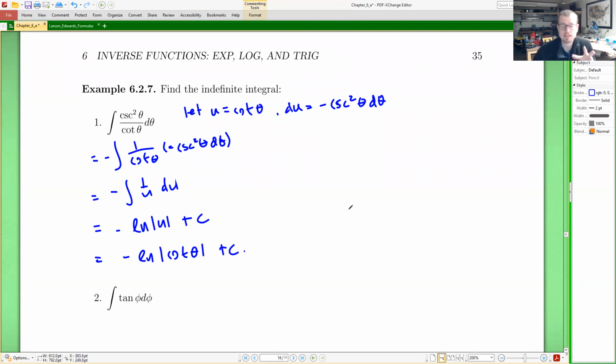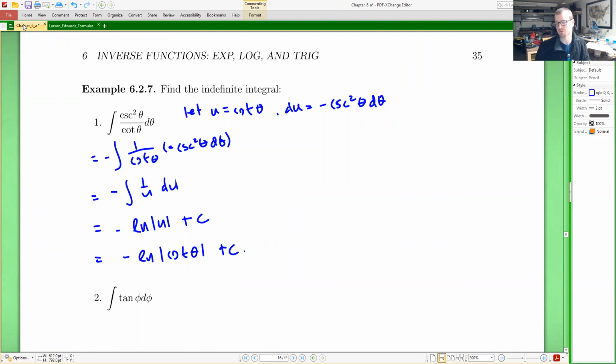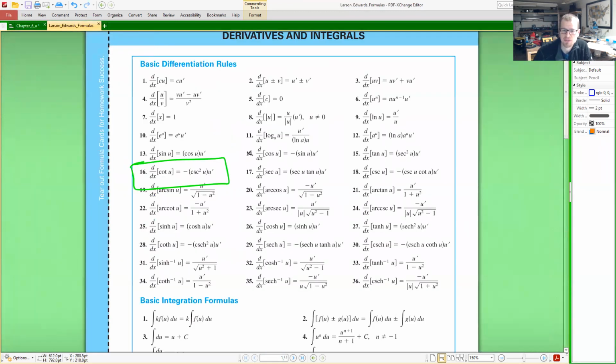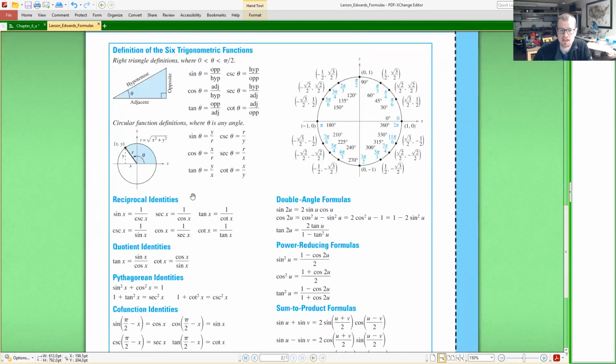The biggest thing is making sure that you're familiar with our derivatives and integrals, right? When you're talking about polynomials, we remember those ones pretty well. It's the trigonometric ones that we don't recall. The other thing that we want to recall is not only the derivatives and integrals, but we should have a reference sheet on these relationships here.